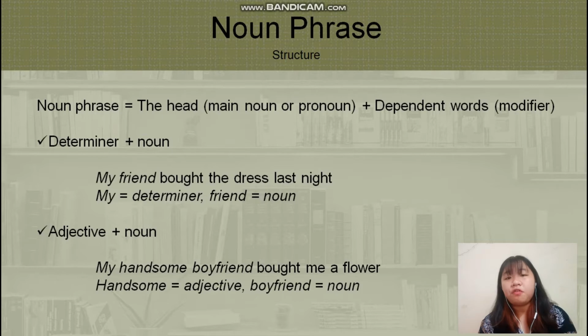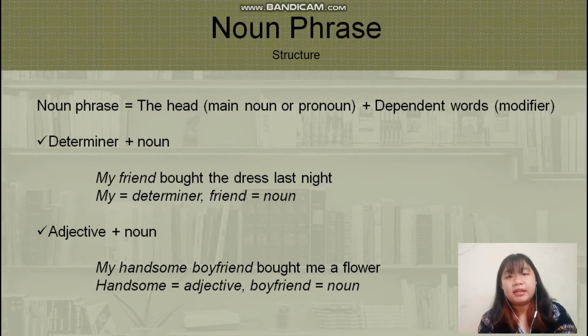First, a noun phrase has determiner plus noun. For example, my friends bought the dress last night. So, my is determiner, friends is noun, so it's combined and becomes a noun phrase.